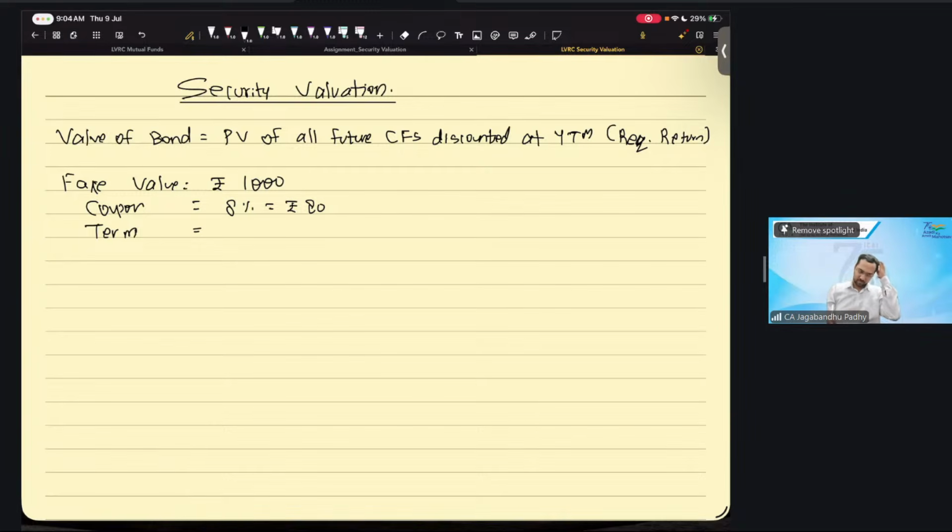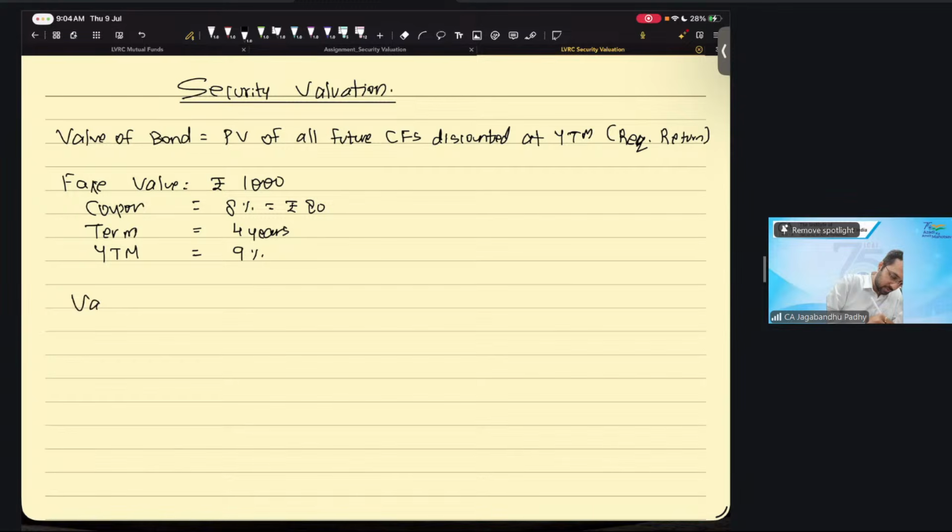The term or the tenure of this bond is, let's say, 4 years. Okay, so face value is 1000, coupon is 80, and term is 4 years. And then I say that the YTM of the bond is 9%. So I need to get the value of this bond.